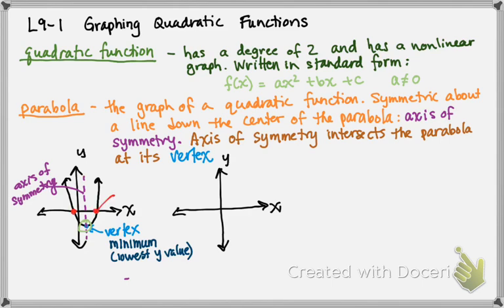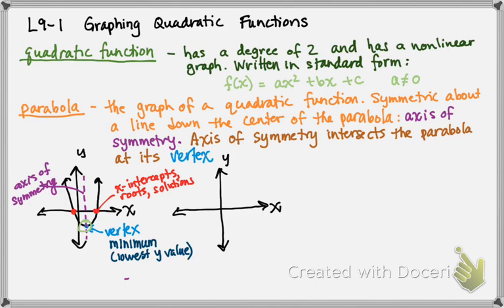The two red points are the x-intercepts. We've talked about this before. This is why we do solving quadratic equations. They're also known as roots, also known as solutions.